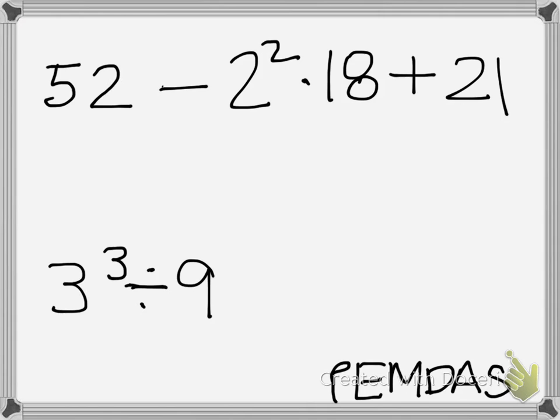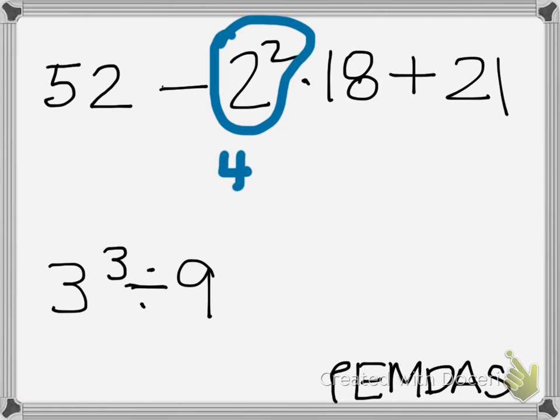Since there is no parentheses in the first example, we're not going to start with that. Then E is exponents. So that will be the place we start, since 2 squared has an exponent. So 2 squared is going to be 4.